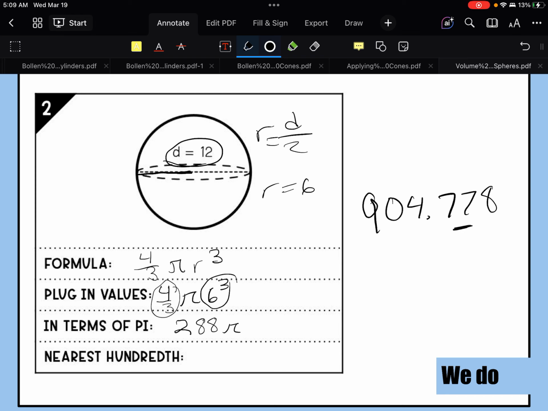I'm going to go to my nearest hundredth. I'm going to look over. I've got to round. This one's 5 or more, so it's going to make this one into an 8. So it becomes 904.78 units cubed.